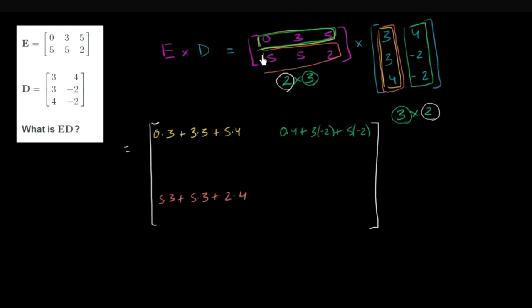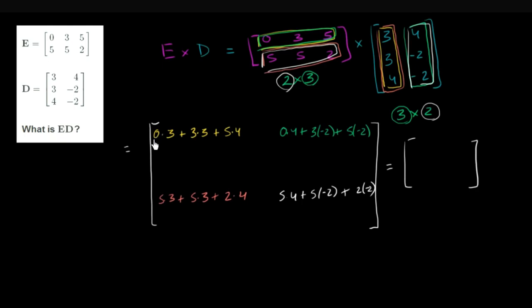We just need to take the dot product of this row with this column right over here. So it's going to be 5 times 4, plus 5 times negative 2, plus 2 times negative 2. And so this is going to be equal to, and we can just evaluate this now. Let's see. 0 times 3 is 0.